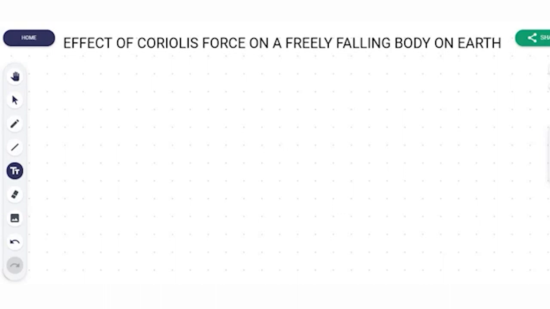Coriolis force, which is given by the expression discussed in the last class, minus 2m omega cross v.